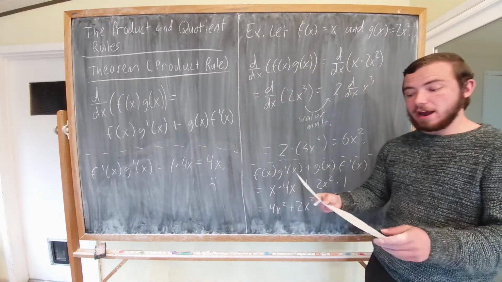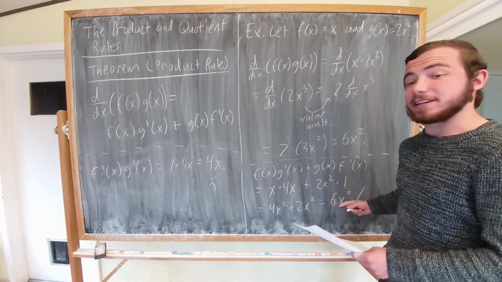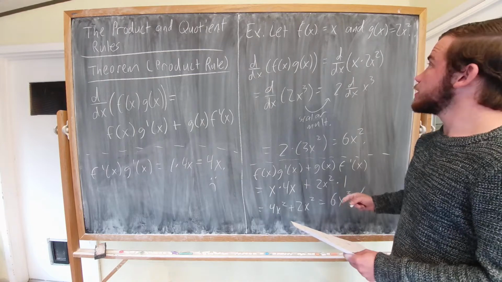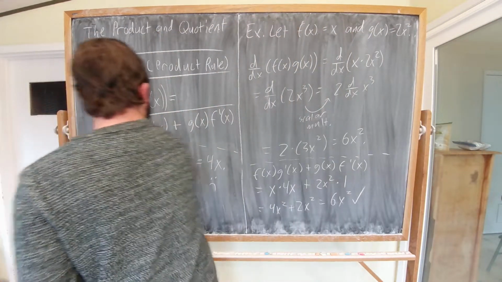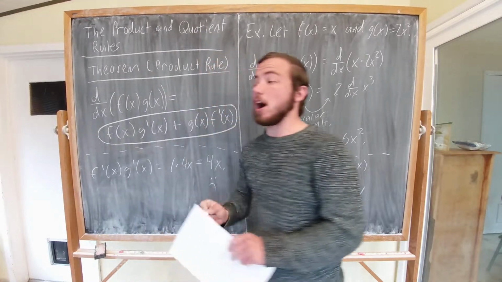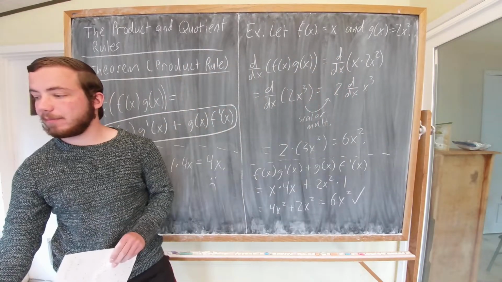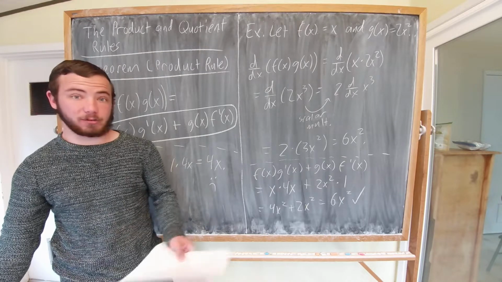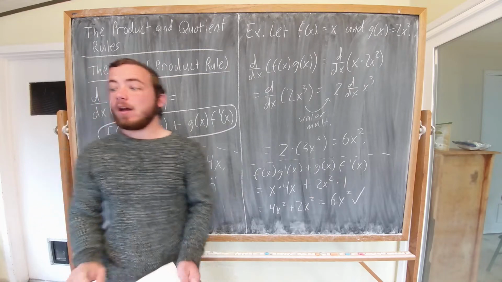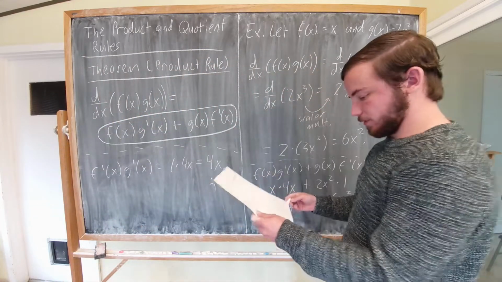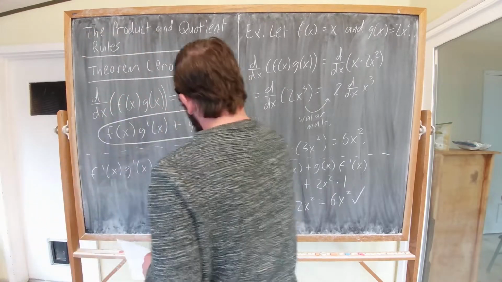Right? Because 4x is very much not 6x squared. So, the actual rule is this, not f'(x) times g'(x). But this is the product rule, and therefore allows us to deal with any products of two functions. Okay, let's do another couple of examples.